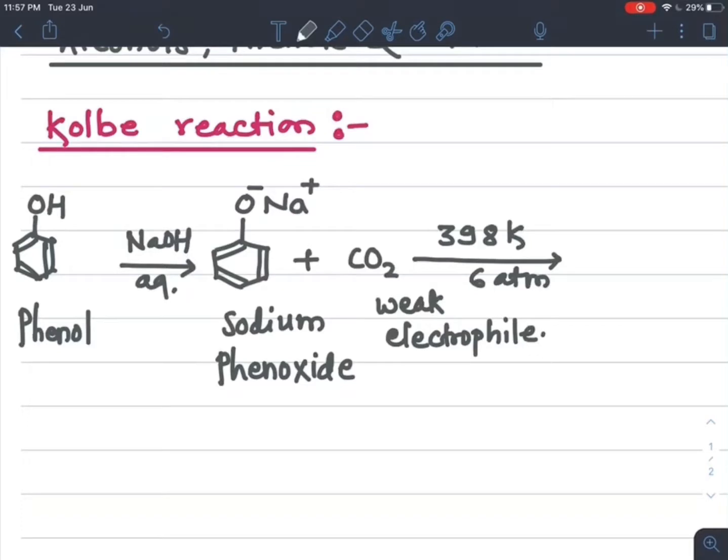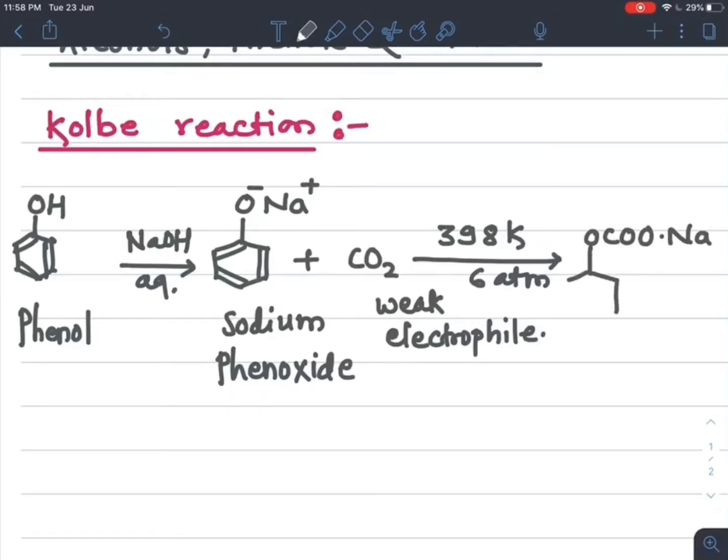What happens? When this sodium phenoxide is treated with CO2, the intermediate formed has CO2 substituted in between this O minus and Na plus, and here we get O, as it is, COONa.